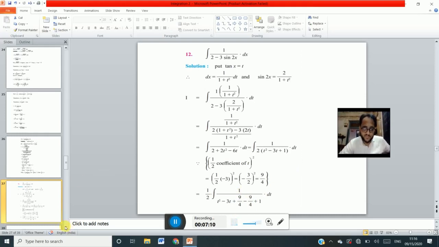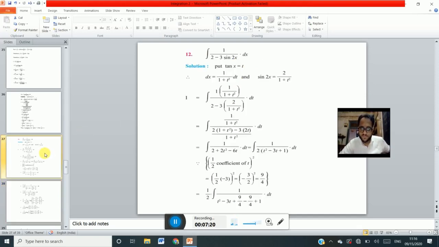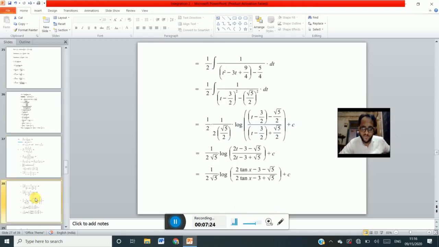Then simplify that term: 1 upon t square minus thrice t plus 9 by 4 minus 5 by 4. How does 5 by 4 come? That is minus 9 by 4 plus 1, that is minus 5 by 4. Now this bracket term is the perfect square of t minus 3 by 2 whole square, and 5 by 4 in square form is root 5 by 2 whole square.